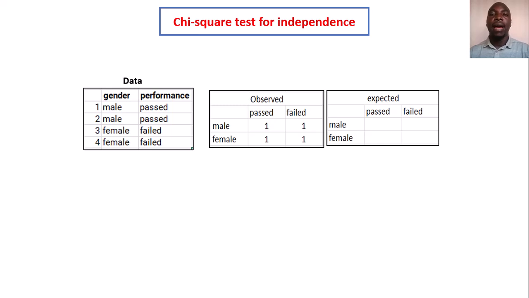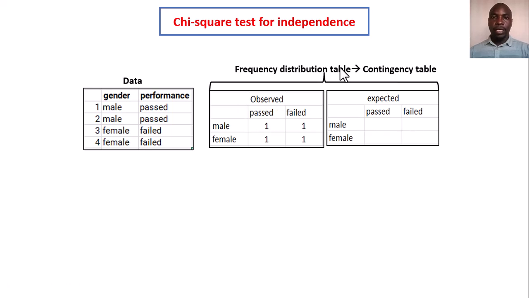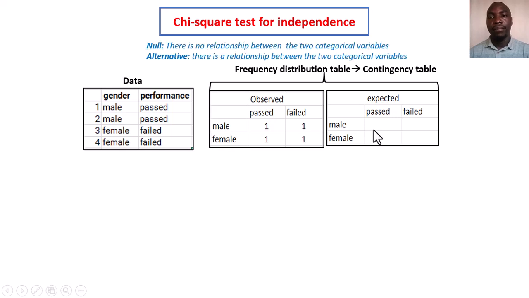We want to see among the males how many passed, how many failed, and among the females how many passed, how many failed. We shall do that for the observed and also the expected. This frequency distribution table involving a cross tabulation is what we call a contingency table.